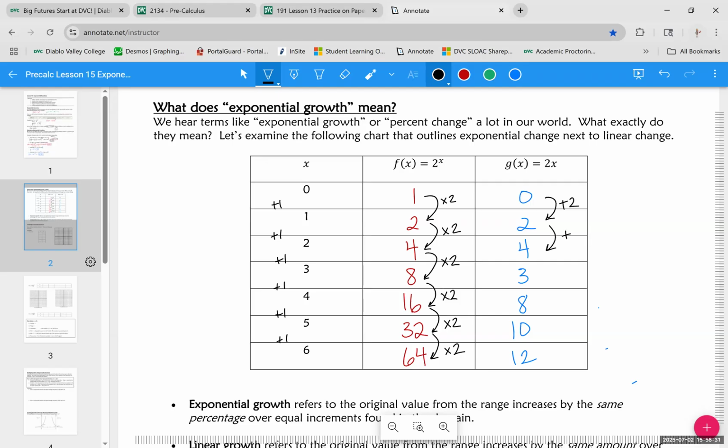It's going up by the same amount each time. So the increase is constant, by the way. That's what we called slope, remember? The increase is constant and it's an additive amount. So this kind of growth is much slower. It's just going up by 2 each time. Whereas the doubling means that this amount is going to grow quite fast.